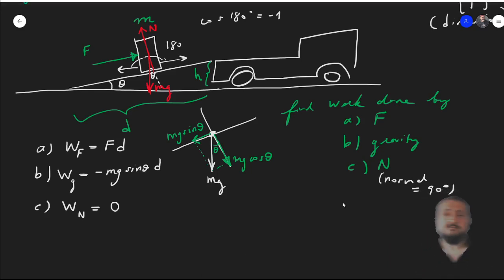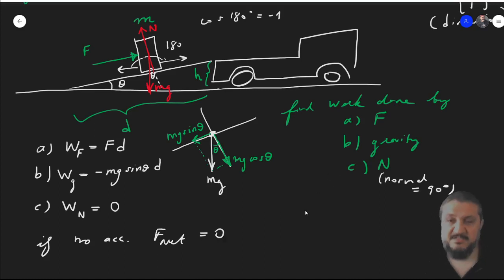Okay, so let's assume that we're doing this with a constant speed. We're not accelerating. If we're not accelerating, then the net force along the incline has to be 0 because there's no acceleration, right? So if no acceleration, the net force is 0.